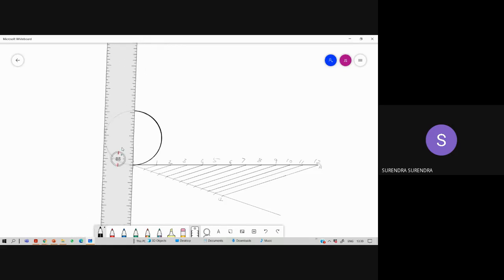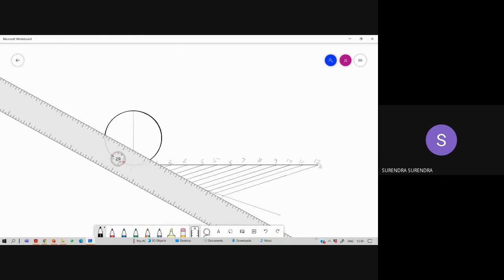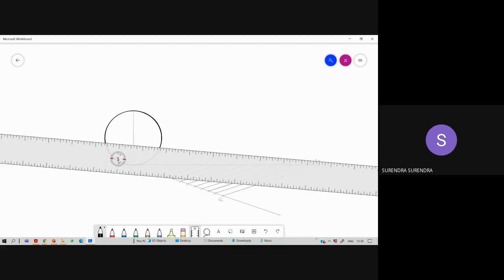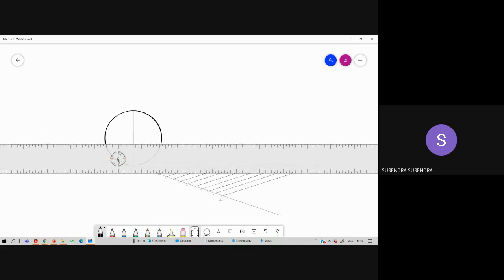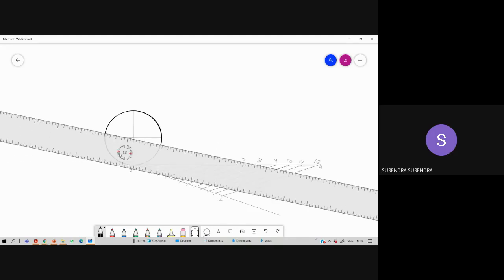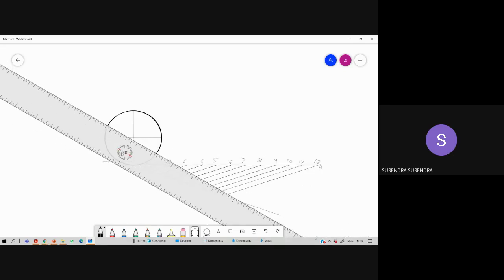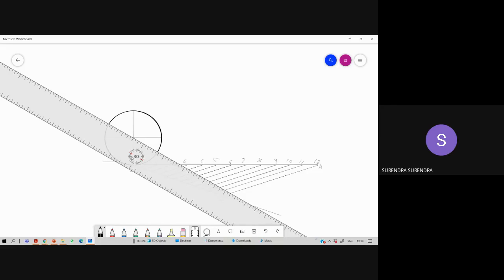So first draw the horizontal diameter line and a vertical diameter line. Next, draw lines at every 30 degrees. What I suggest is that it is better to follow the compass method we discussed in the geometrical constructions.